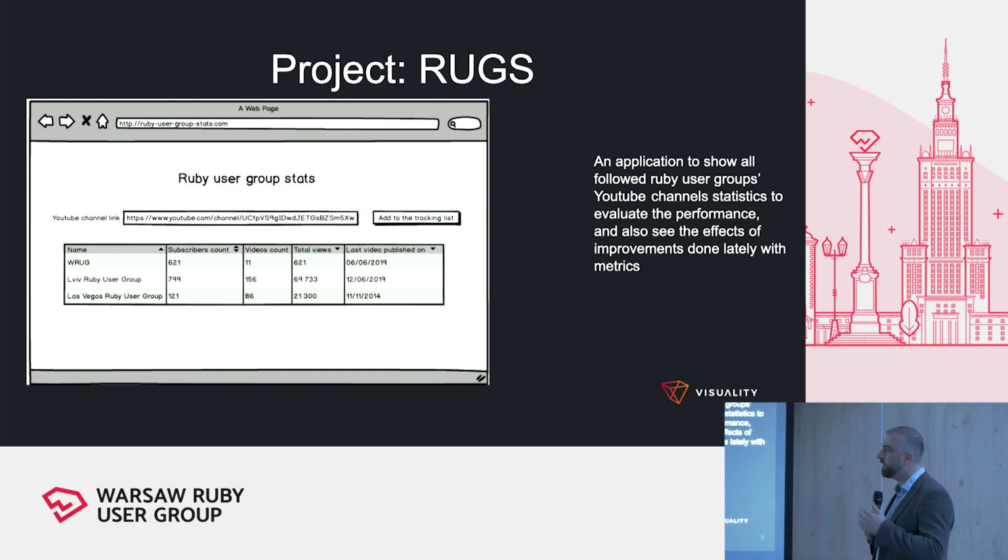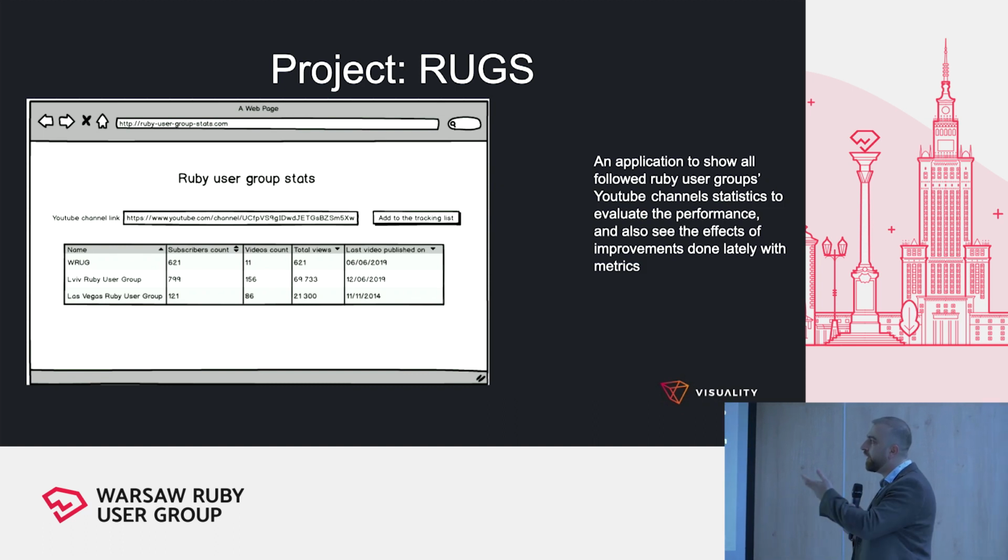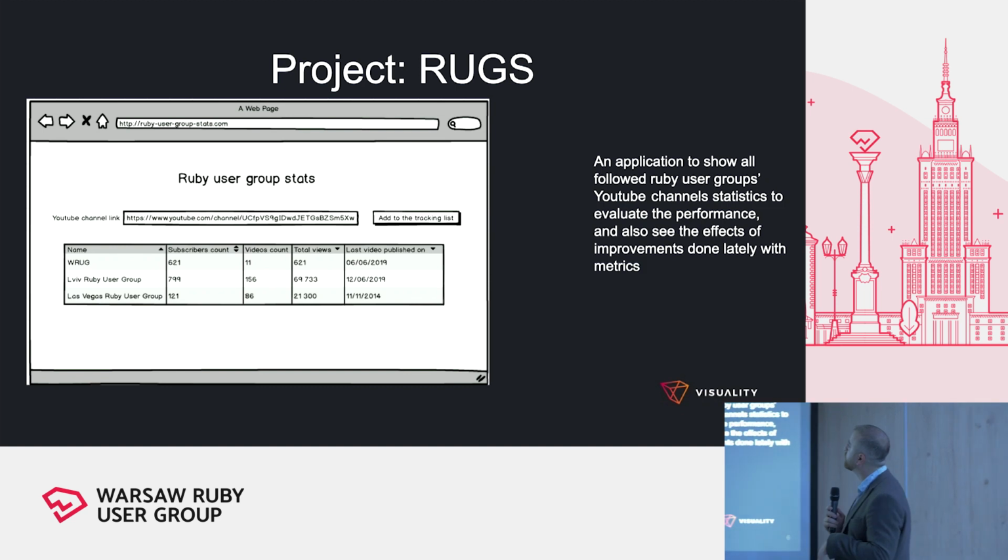And I said, yeah, I think it's a good thing, but let's also measure if they make some improvements, how they would be able to see the improvements and which Ruby user groups are improving themselves when it comes to increasing the visitors. But anyway, too much talk about that.